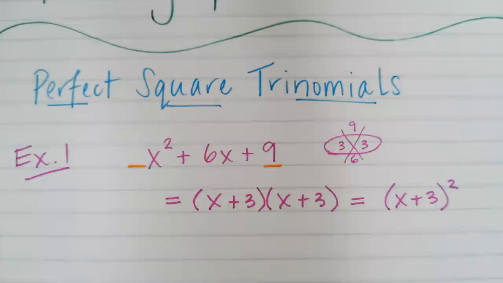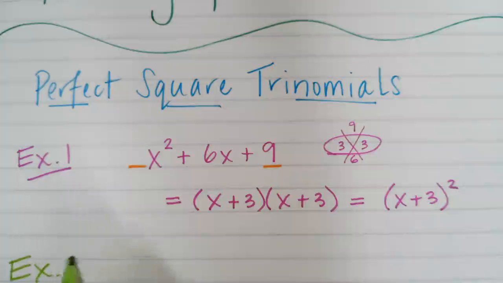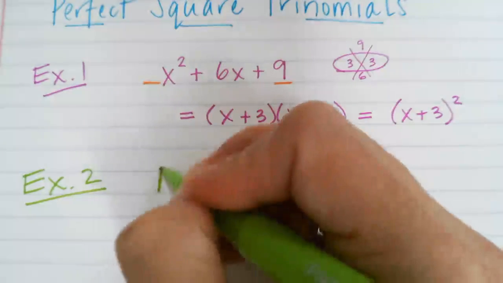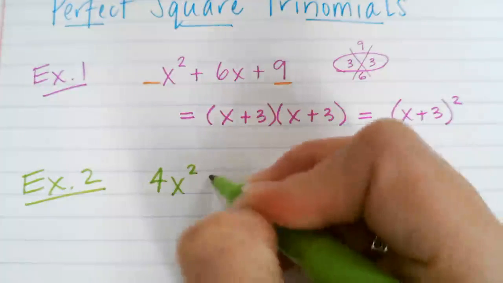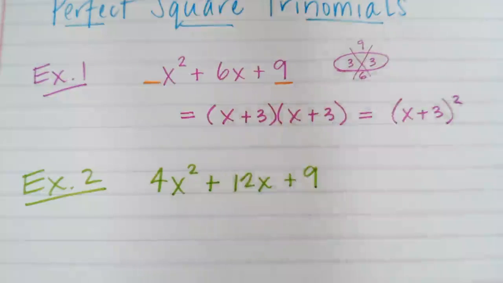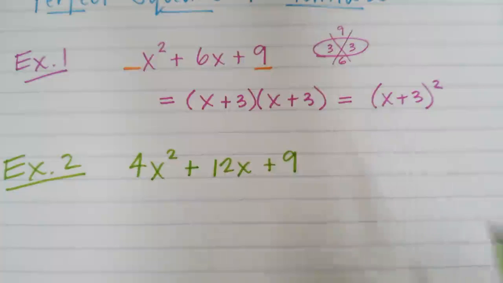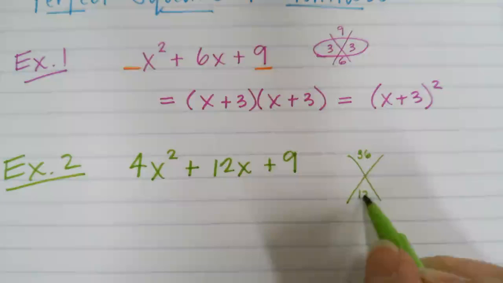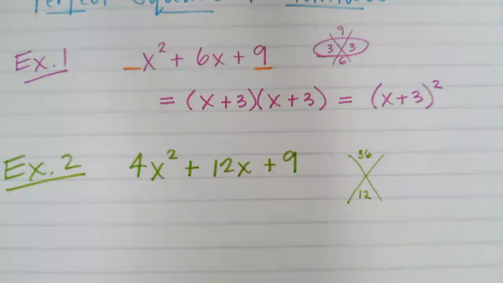All right, so for the next one, let's say, for example, 4x squared plus 12x plus 9. If we think of our big X, we want numbers that multiply to be 36 and add up to 12.